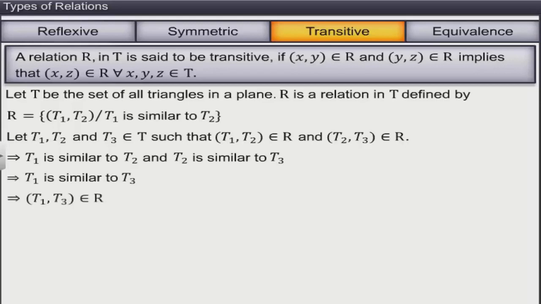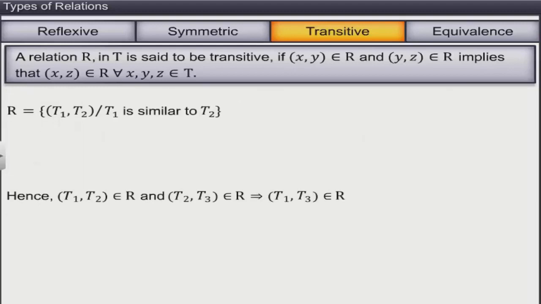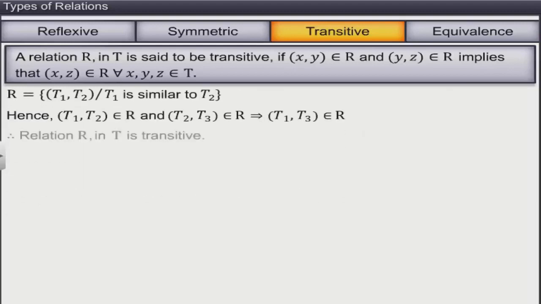This in turn implies that the ordered pair (T1, T3) belongs to set R. Hence, ordered pairs (T1, T2) and (T2, T3) belong to set R implies that (T1, T3) is also in R. This shows that the relation R in T is transitive.